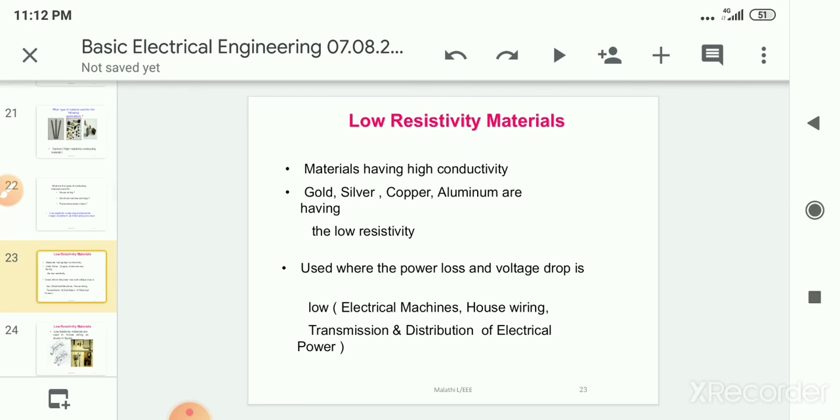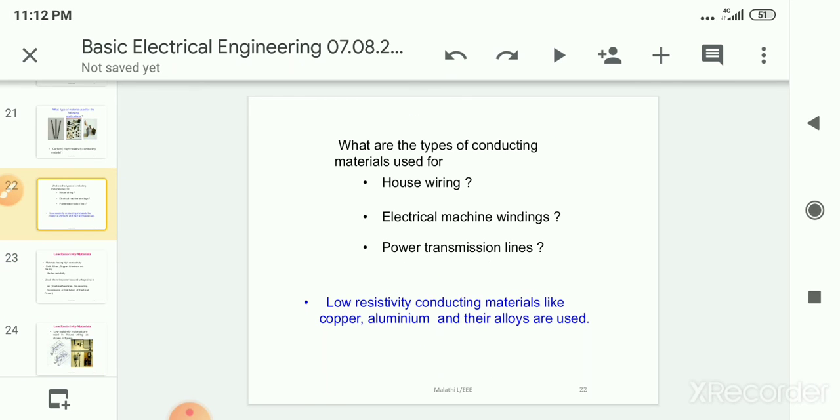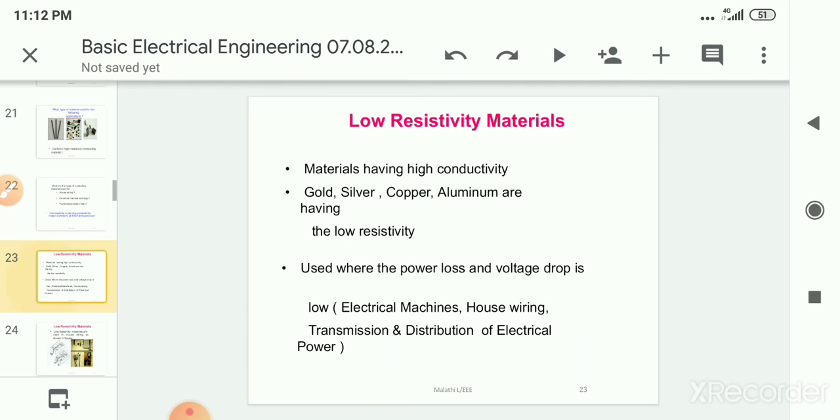Now we are moving to the part that contains wiring, of electrical machine windings, power transmission lines, like that. For all these purposes we use low resistive materials.